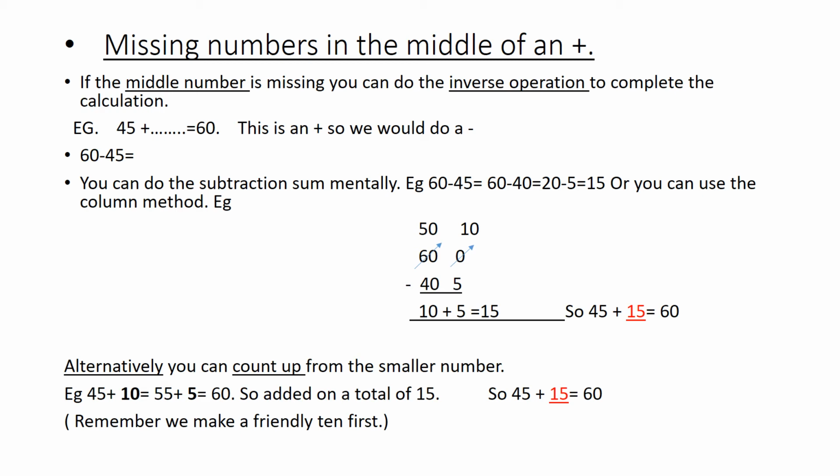So I know I've just got to add some 1s on. And I know 5 and 5 make a 10. So now I'm adding the 5 on to make 60. So you can see I've highlighted the amount that I added on. I added on 10 and then I added on 5. And 10 and 5 make 15.